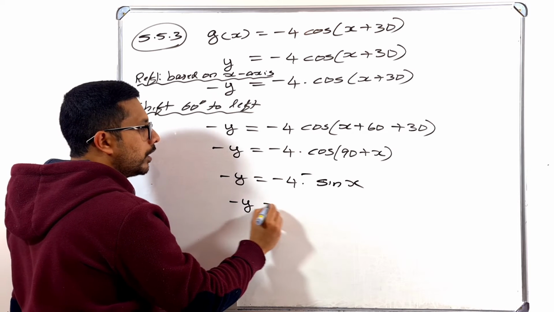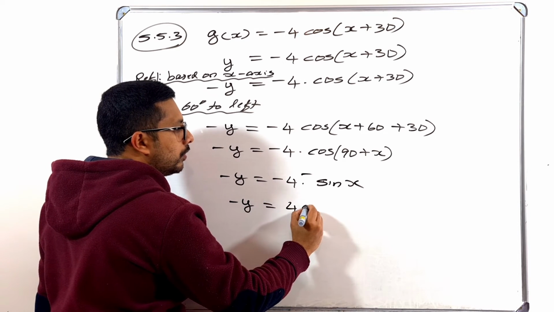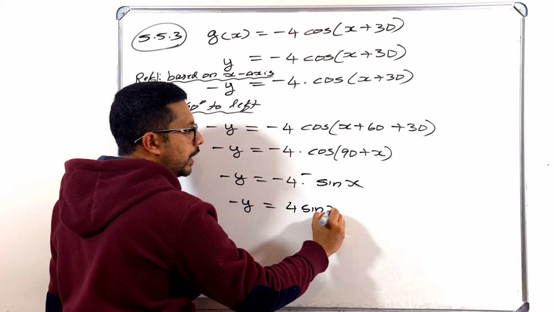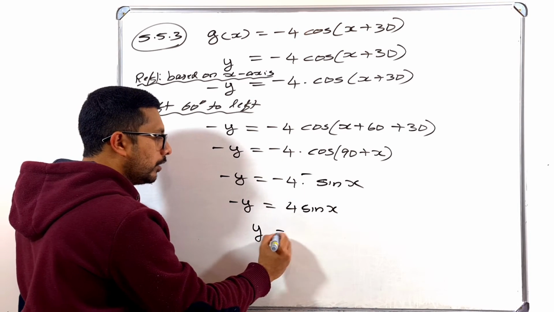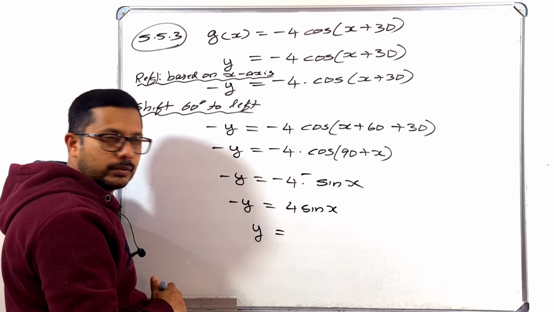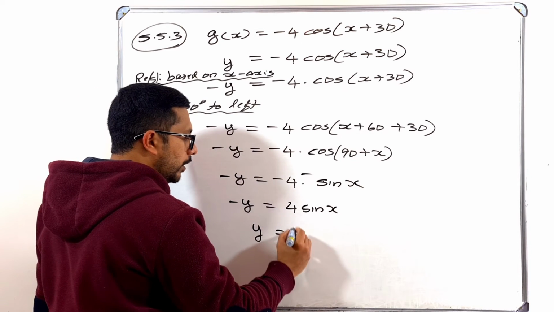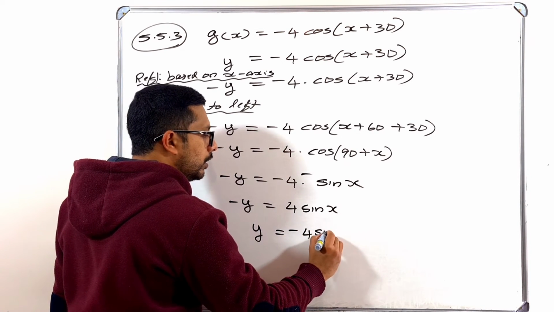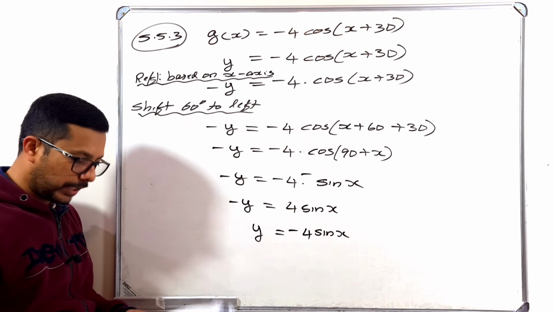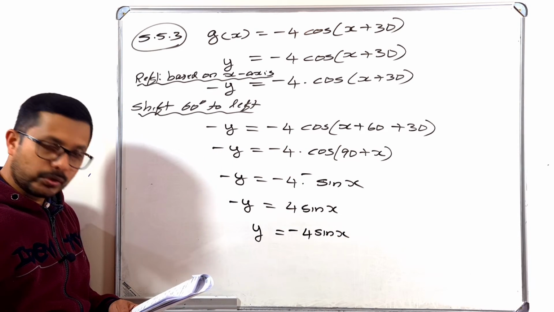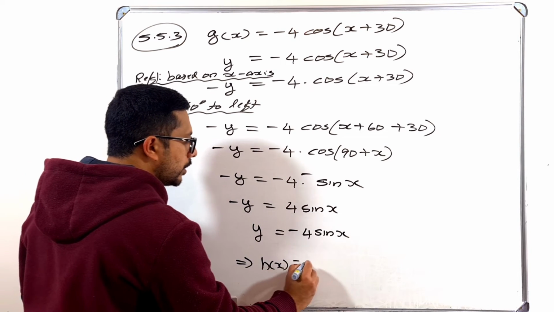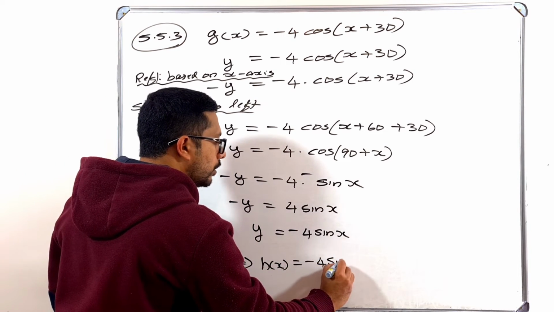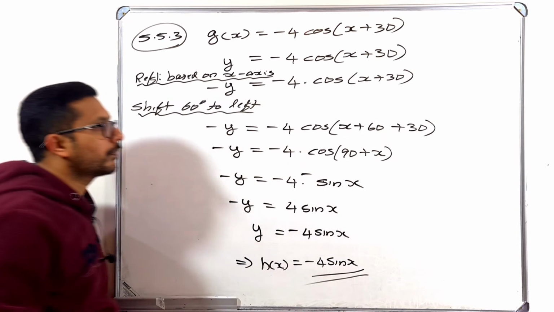So minus y is equal to 4 sine x. So how can you write y? Positive y throughout, multiply or divide with the negative. So positive y is equal to minus 4 sine x, and they call that equation h of x. So it implies that our new h of x equation is minus 4 sine x.